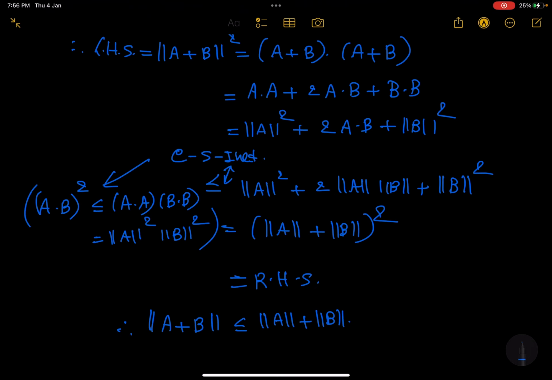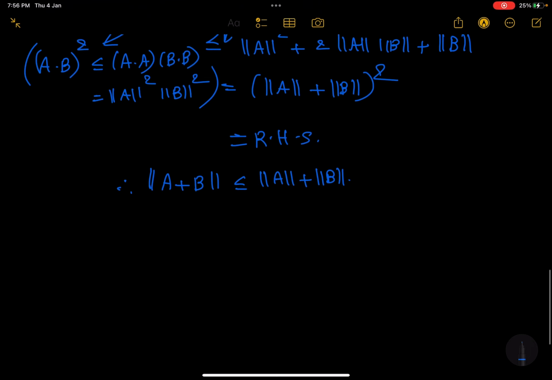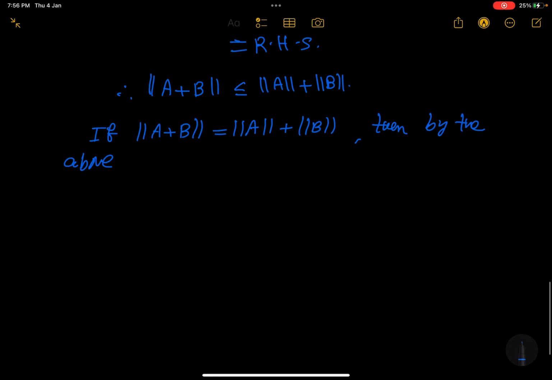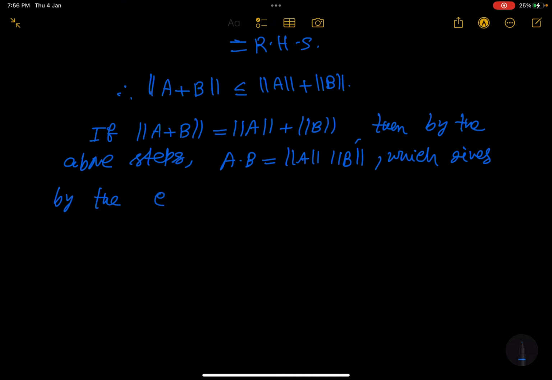That means we are using the equality sign in the Cauchy-Schwarz inequality. So if norm of A plus B is norm of A plus norm of B, then by the above steps, A dot B is equal to norm of A into norm of B, which gives by the CS inequality that A equals C times B for some scalar C. So A and B are scalar multiples of each other.